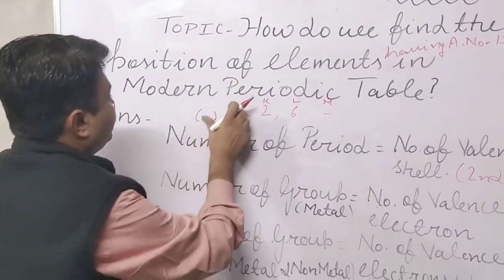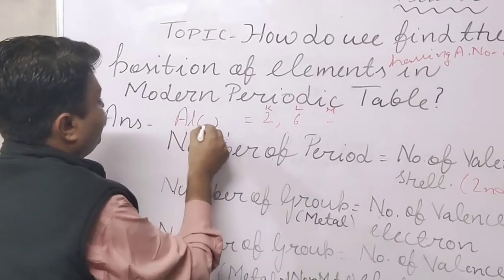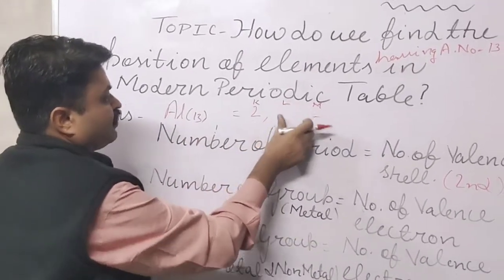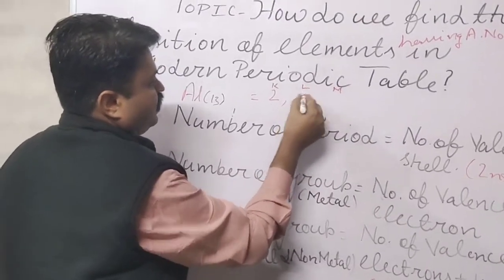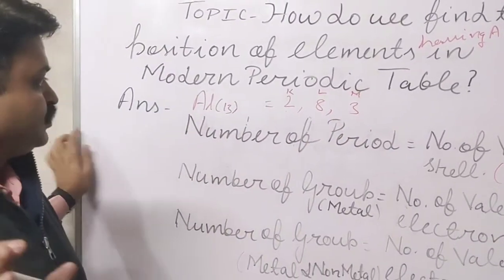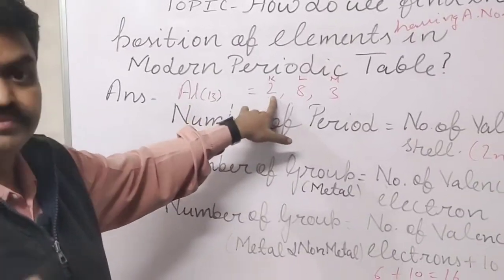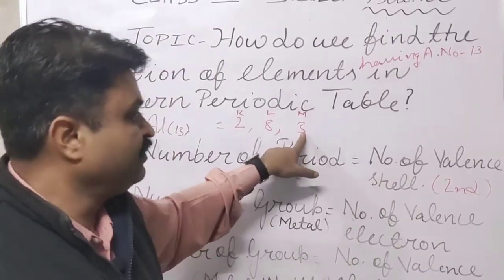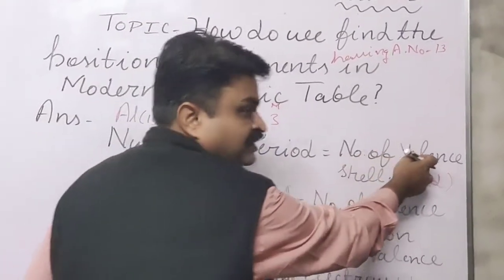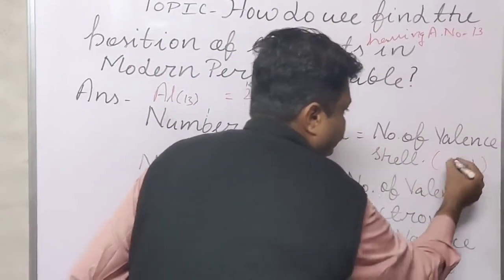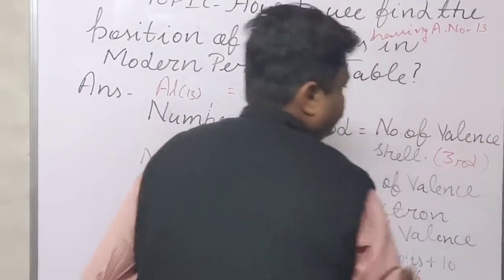So you write here aluminium, atomic number 13, with configuration 2, 8, 3. Now in this, student, how many shells are here? 1, 2, 3. 3 shells. So what is the period here? With the help of the number of valence shells, we get the period. So it is the third period.